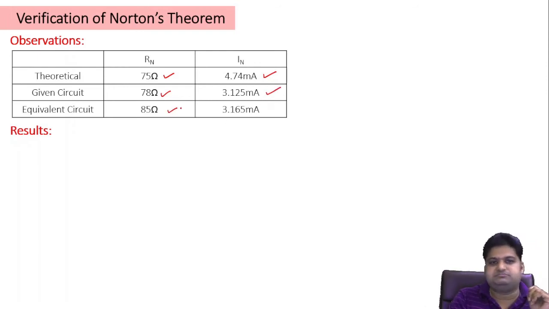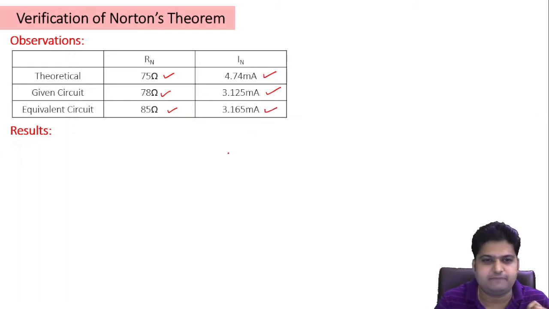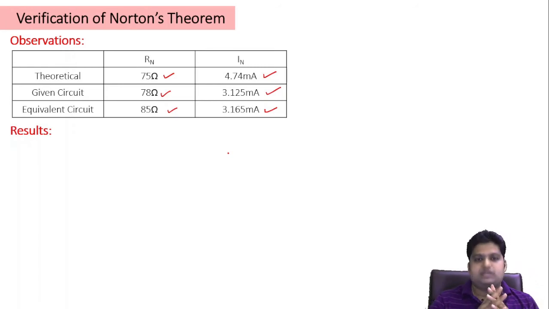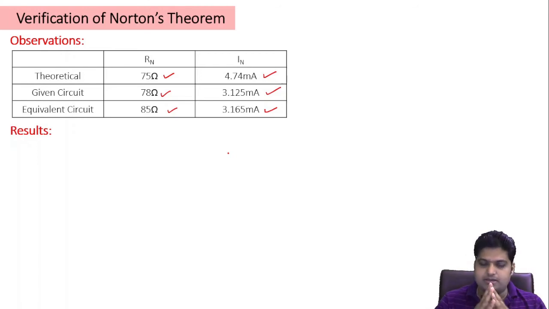For the equivalent circuit, the resistance has come a little higher, but the current almost remains the same. Okay, so I would say it is good enough, not so bad. Maybe there were some fluctuations from the current source that we took. Otherwise the answers are quite good, within the limits of the error, so nothing to worry about.